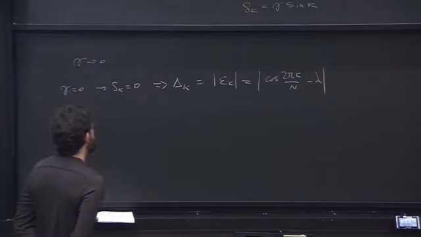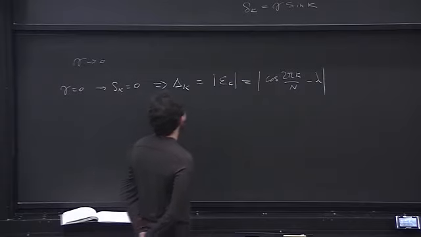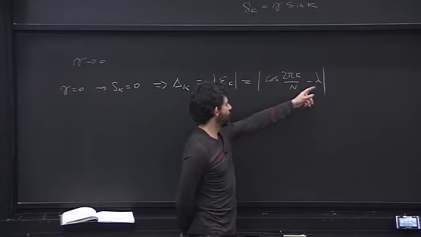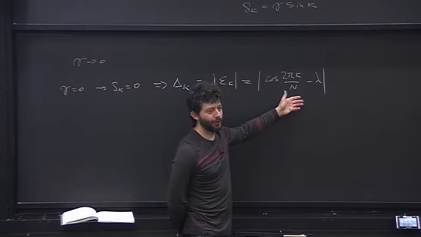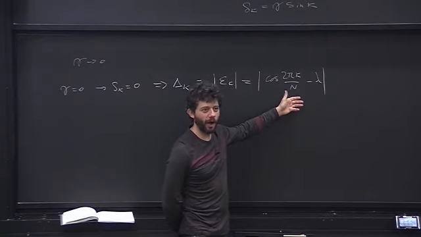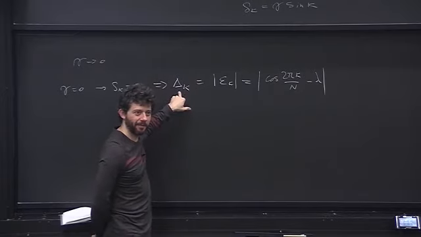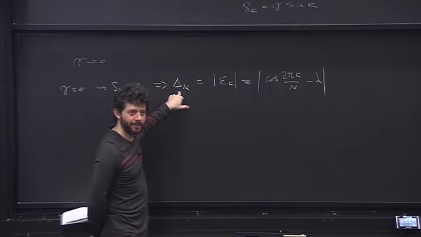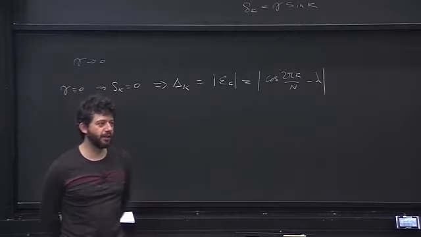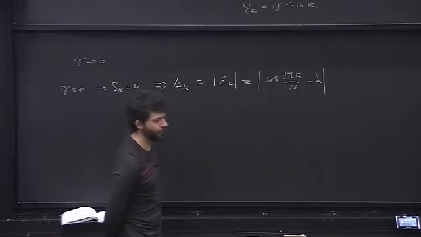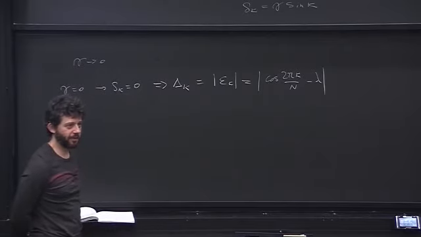You know that this equation has a solution for real lambda only in the thermodynamic limit. That's why only in the thermodynamic limit the system can become gapless. Otherwise, this has no solution, so delta k is not 0. It's a positive number.